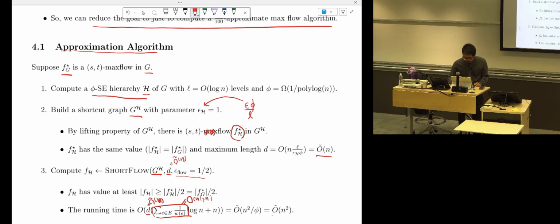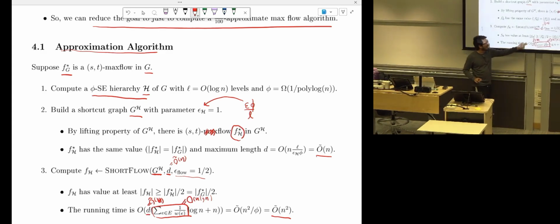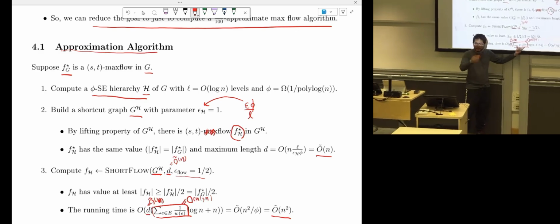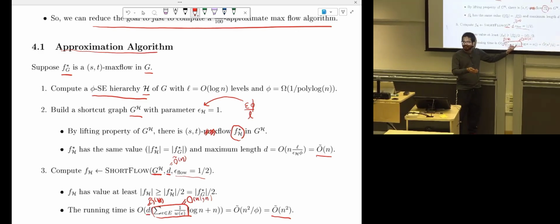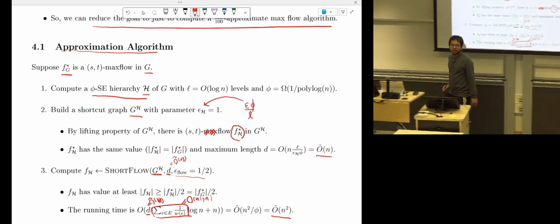So this is basically n squared. So you see, this is the point where the running time is fast. We need this weighted push level, and we compute a flow of length n. So the running time is n squared.